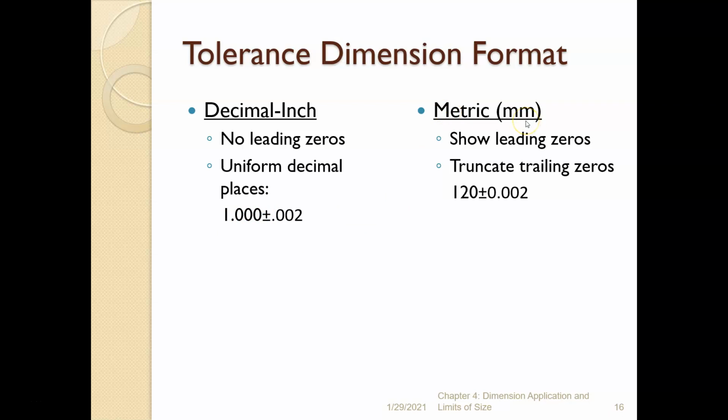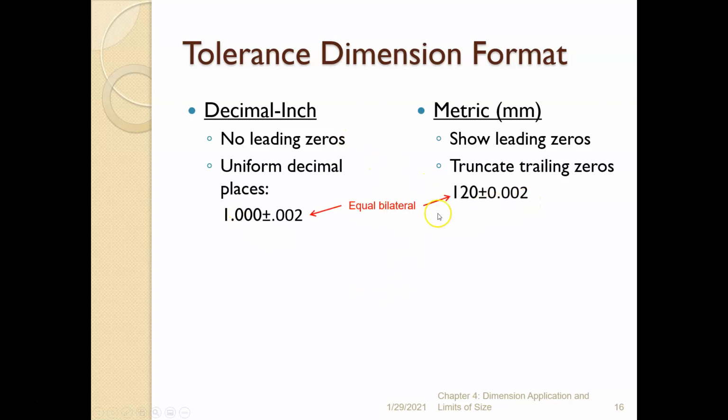Metric dimensions, typically in millimeters, we want to show leading zeros, and we want to truncate trailing zeros. So we don't put 120.000 and leading zero here 0.002. So we include that 0.